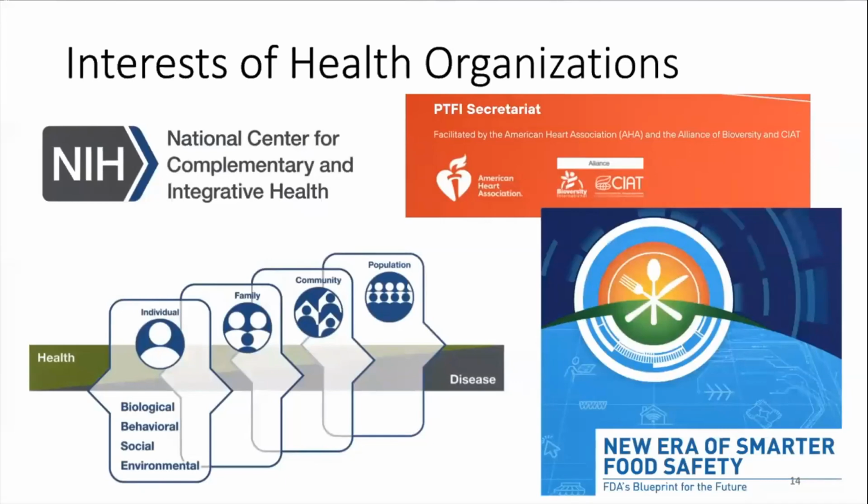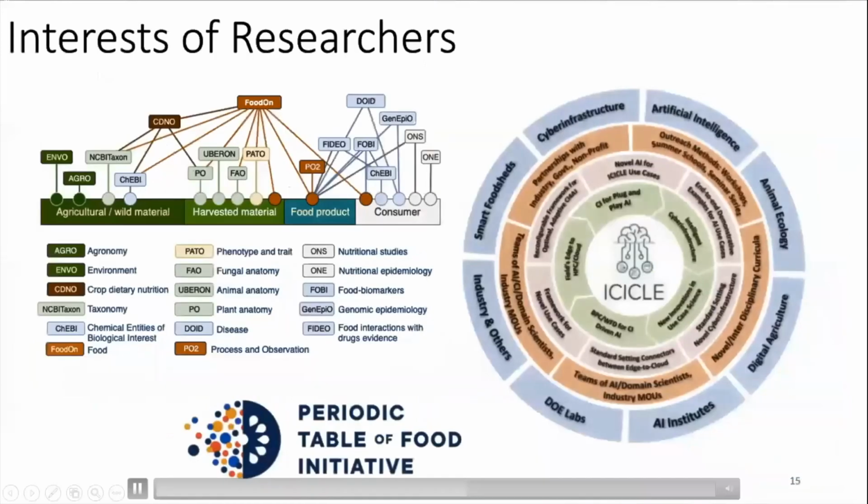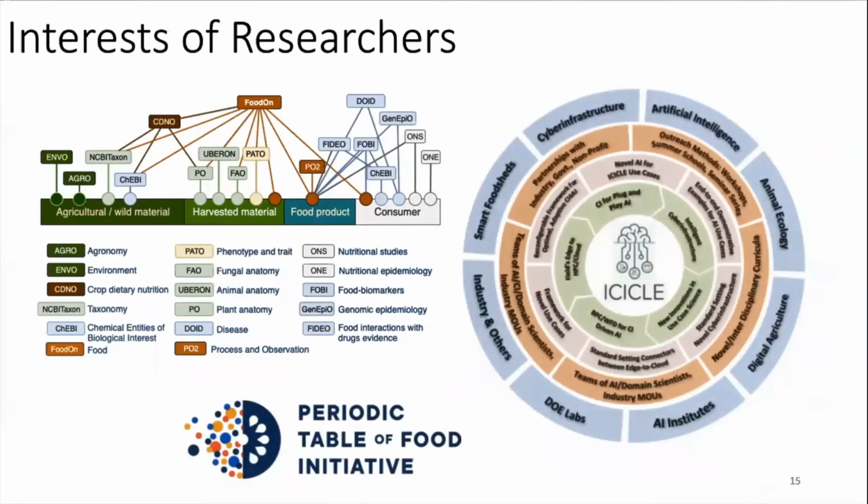For example, recently the NIH emphasized a new research program that looks at holistic human health that takes the environment and biological factors into consideration, which obviously includes food and agriculture data. Similarly, there is a long list of different interests in the research community, from smart food checks to periodic table of foods to the different standardized vocabulary being built around food and agriculture data.